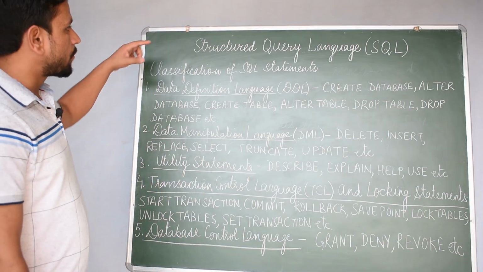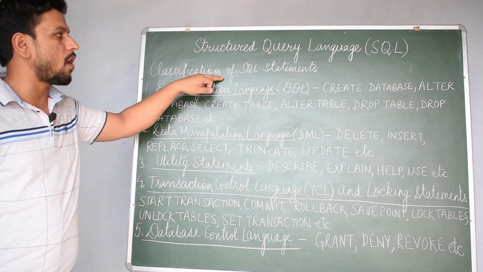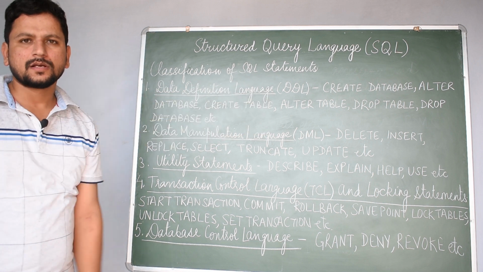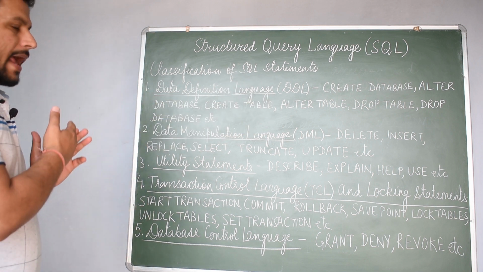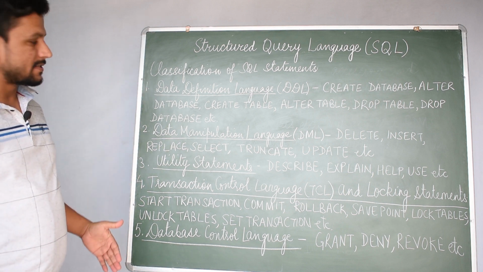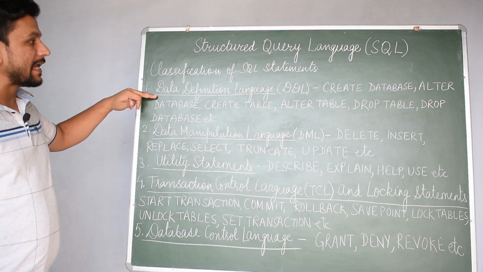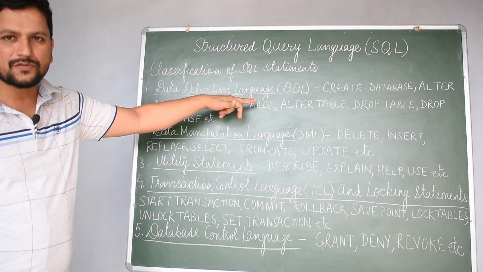So our next topic in structured query language is classification of SQL statements. Basically, SQL statements are classified into different categories. What are the different categories we have? That is DDL, data definition language.